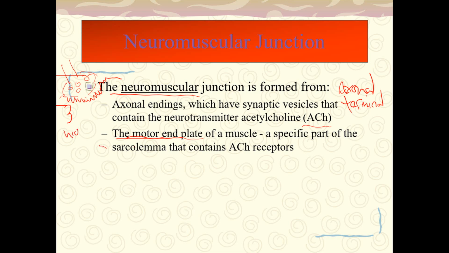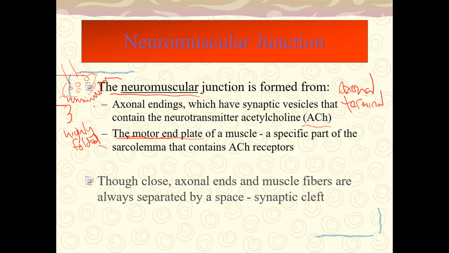It is going to be highly folded. In this highly folded area of the sarcolemma called the motor end plate, there are going to be receptors for acetylcholine. The third part is the space between the two, and that's called the synaptic cleft.